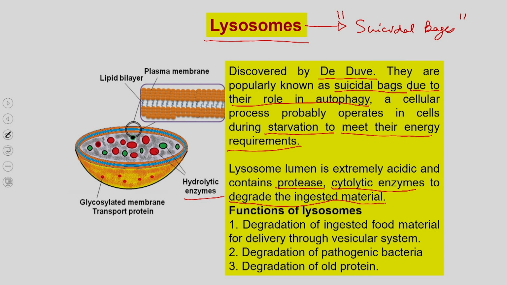The function of lysosome is the degradation of ingested food material for delivery through the vesicular system, which means if an organism, for example an amoeba, is taking in food material, once the food material enters inside the cell, it is very large in size.